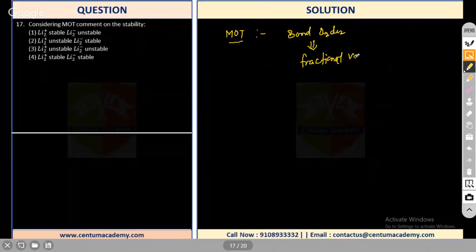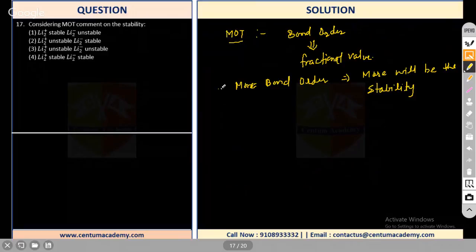When it has a fractional value, we consider that as a half bond. Right? So if you compare stability here, the more the bond order, the more will be the stability.